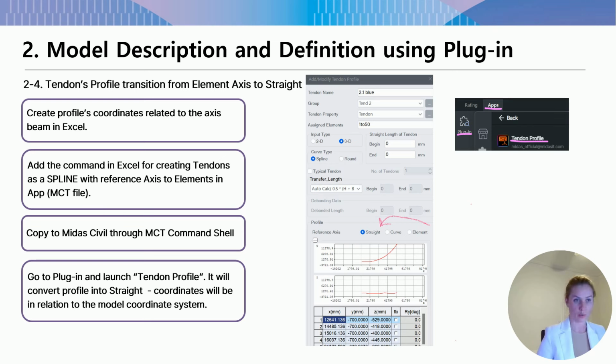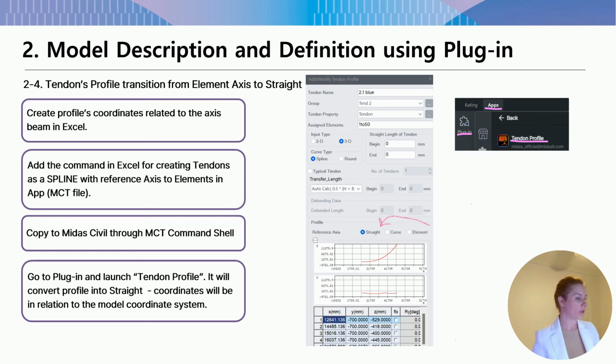So we get the profile with reference axis to the element. Then we need to change it to straight. Why do we do this? MIDAS will not calculate some of the pre-stress losses which account for the curvature if the tendon is referred to the element or to the main girder in our case.